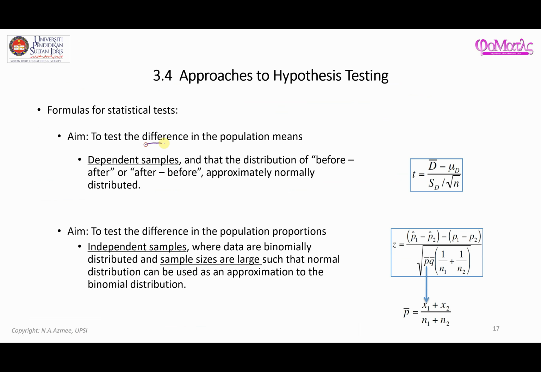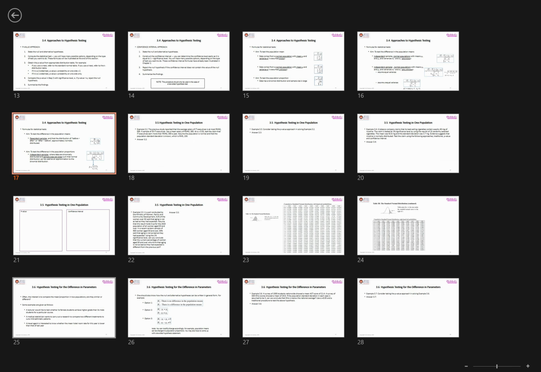When you want to test the difference in the population means, and you have samples that are dependent, you need to find a new data set, which is before minus after or after minus before, and this is the test statistic that you will be using here, which indicates that you will refer to the t-distribution table later on in order to find either the p-value or the critical value. Okay, let's go back to our example.